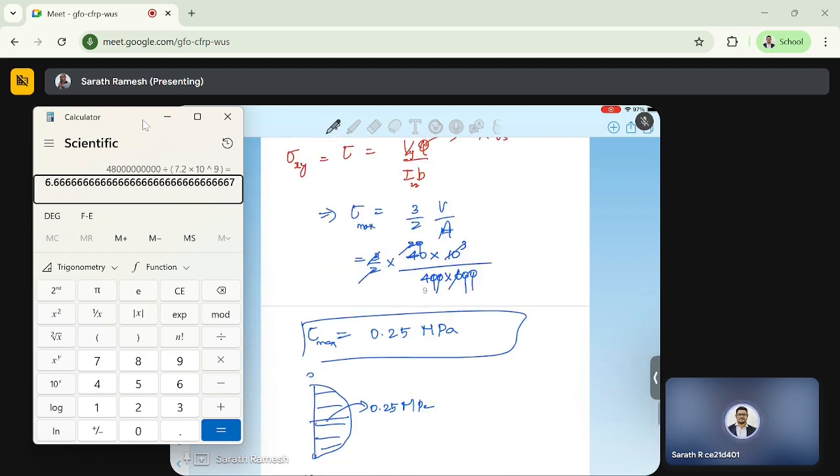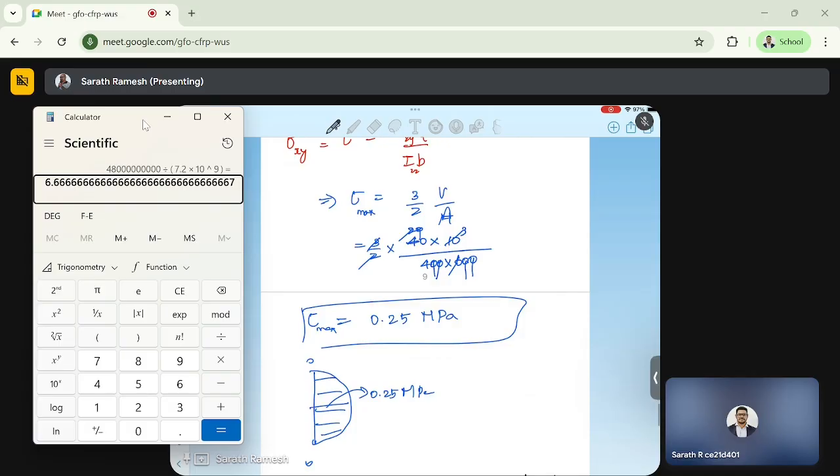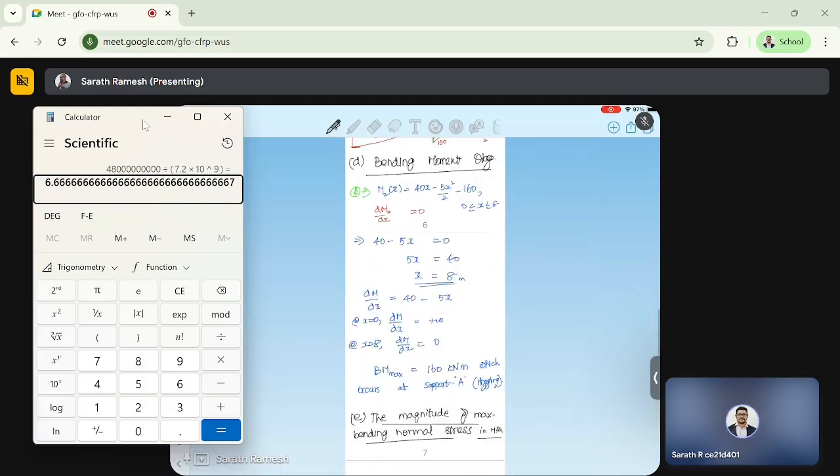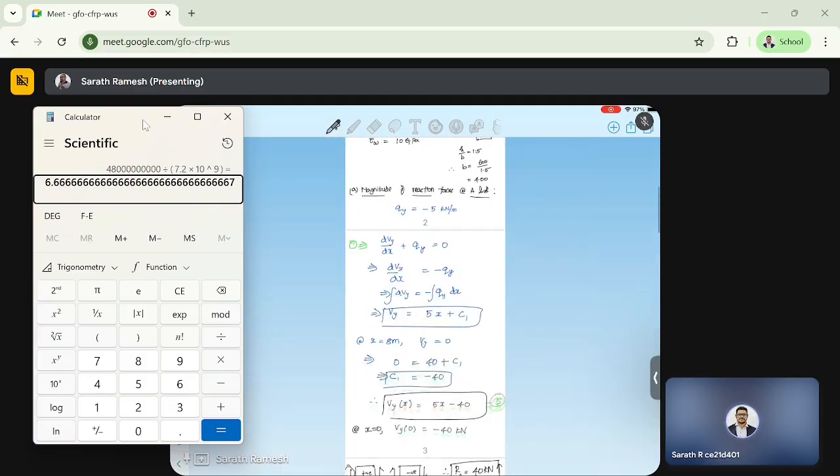Now, how to find the deflection? We need to use the basic differential equation and do integration. That is what we call the double integration method.